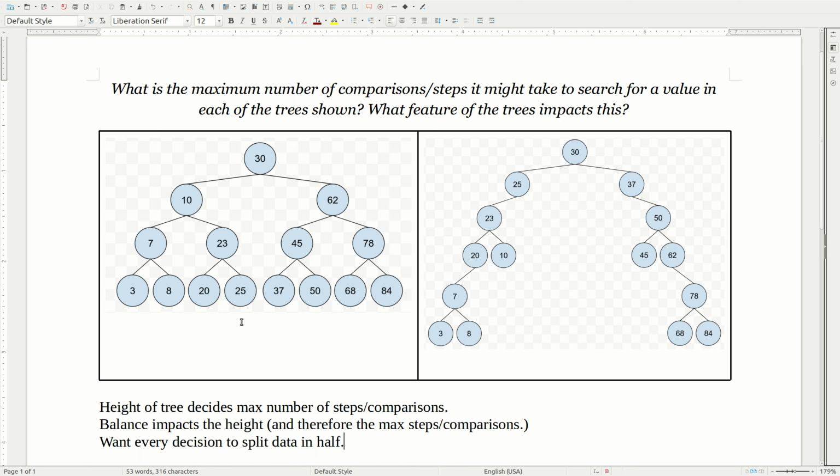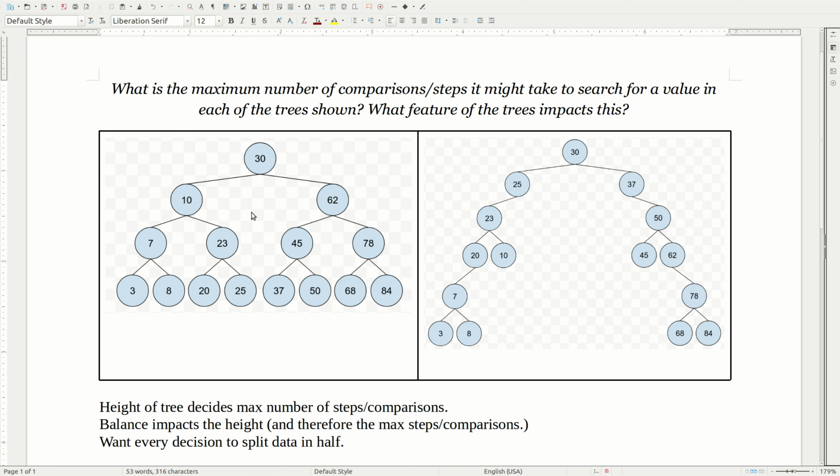We won't always be able to achieve that. For example, if we only had 2 nodes, we're going to have a root and either something on the left or something on the right, but we can get as close as possible, and we'd like to because it gives us these good decisions.